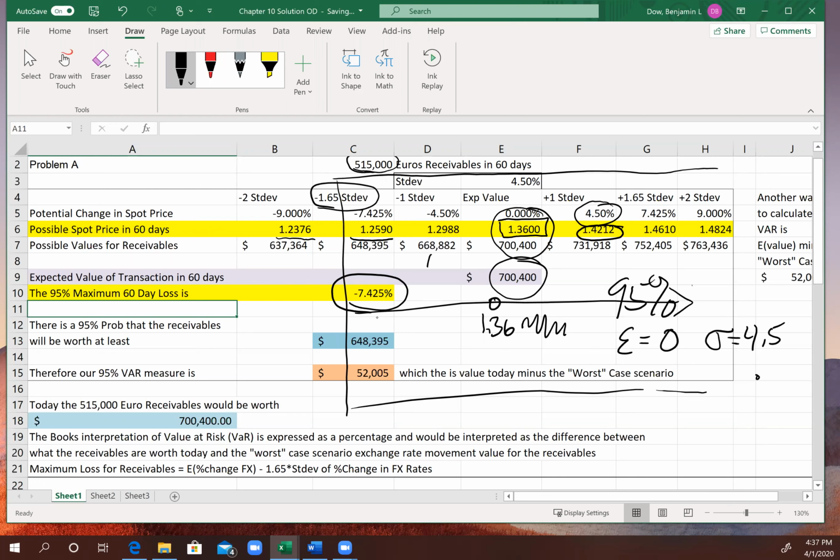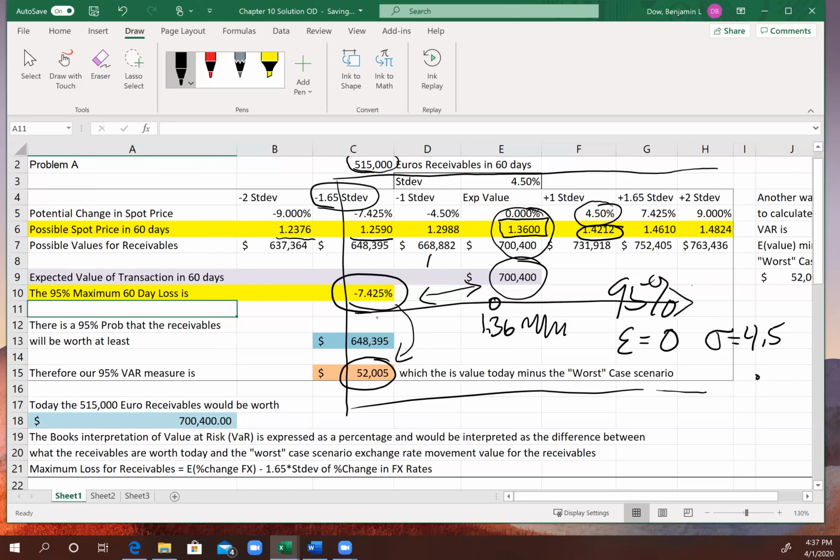If you take 700,400 and multiply it by 7.425%, 700,400 times 0.07425, you should get $52,005. That's your value at risk.